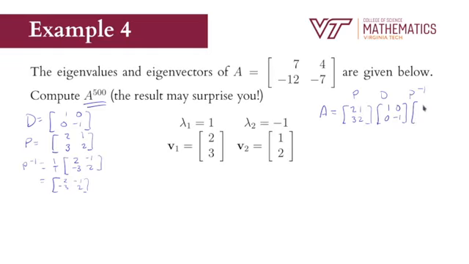P inverse is 2, negative 1, negative 3, 2. So A to the 500 power is P, which doesn't have to be raised to a power. D does have to be raised to the 500 power.